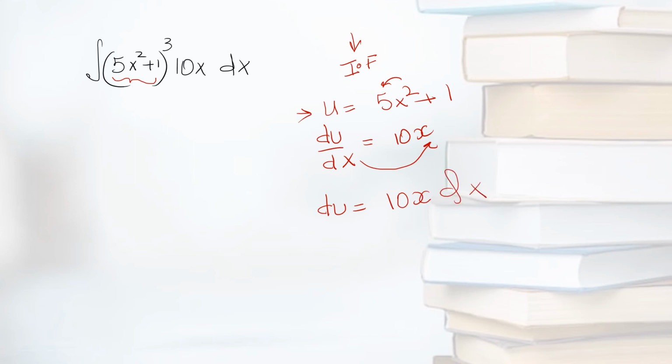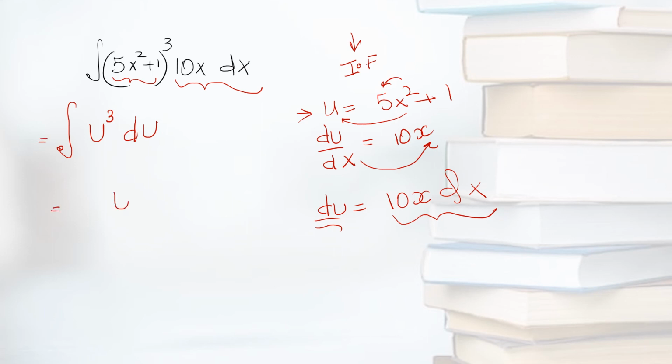Now replace all the x by u. So how? 5x squared plus 1, you name it as u. So you write u in place of 5x squared plus 1. The cube power is written down as it is. Now you have 10x dx, and you can see that 10x dx is equal to du. So you will write here du. Now it is a normal function and you can apply the power rule over here.